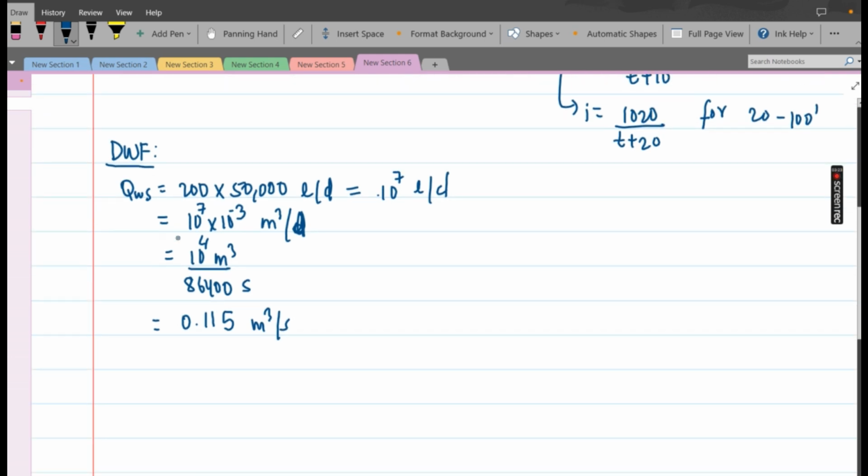Now since the return factor is 0.7, 70% of this 0.115 meter cube per second will be our dry weather flow.